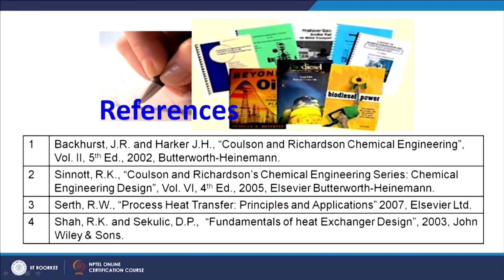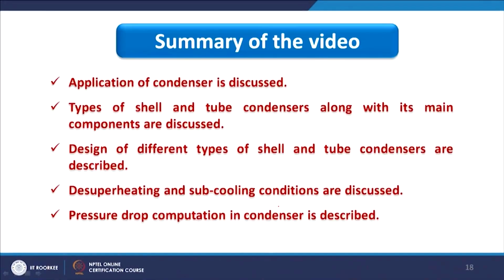So, here I am winding up the design of condenser, and you can have some references to go through about the topic in detail. Here I am summarizing the video, and this summary is of the 22nd video, 23rd video and this video also, as in these 3 videos I have covered the topic design of condenser. So, let us see the summary of these lectures.